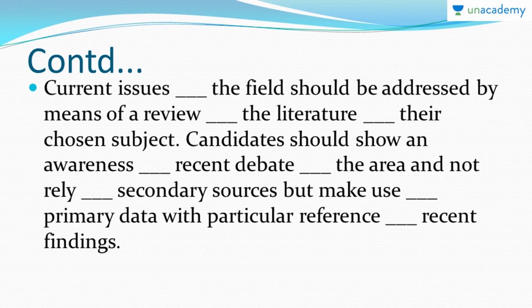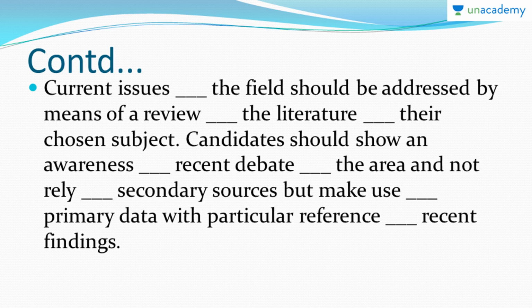We will break it into fragments and then do the correct positioning of prepositions. The current issue is enclosed in a field of study, so whenever this feeling of enclosure or surrounding comes, we use the word in. So the current issue in the field should be addressed by means of a review.